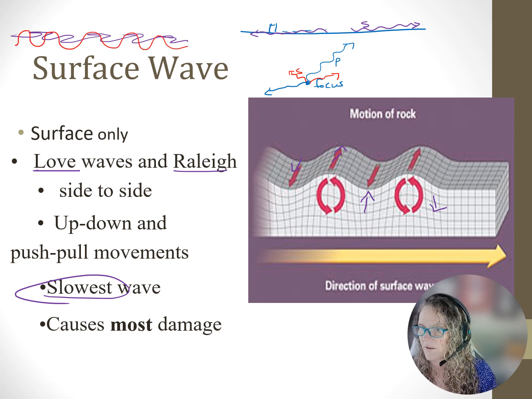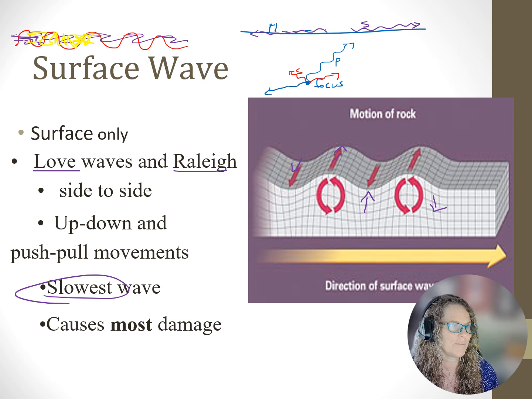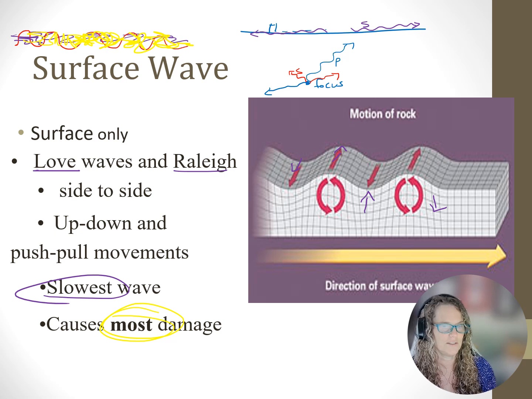But if the surface wave is going back and forth, up and down, back and forth, up and down, but super slowly, just think, if that's your house sitting on top of all that, it's going to wreck your house. So it causes the most damage because it moves so slowly and in all directions. It's kind of like a wild, crazy ride.